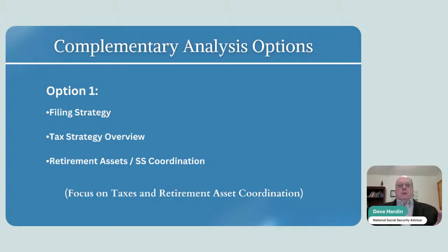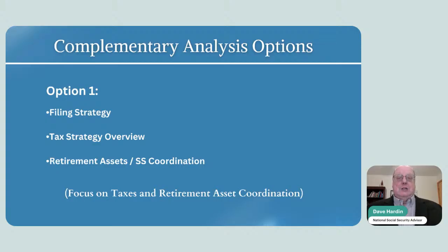That's option one. Now, if you've got money in 401ks, IRAs, something like that, if you've got a significant amount of non-qualified assets, this is important too. But some of you are here tonight because you don't have those. Your main focus is Social Security because that's your income in retirement. I get it.